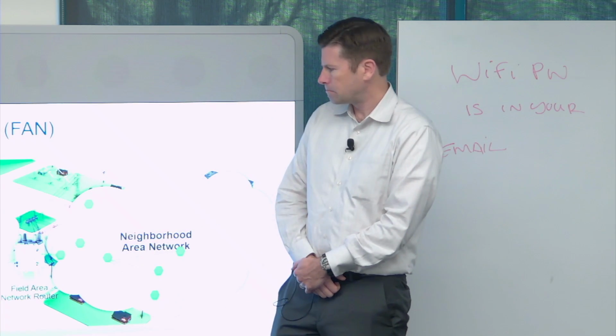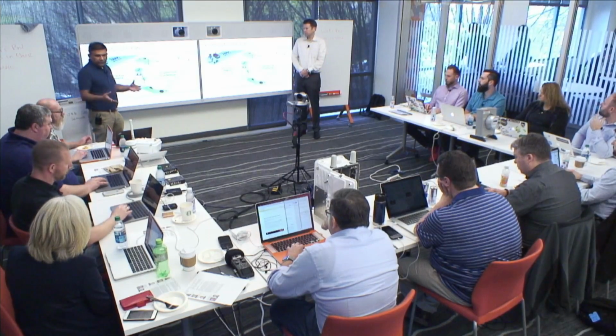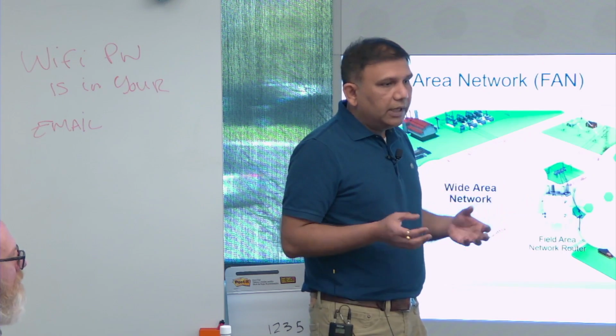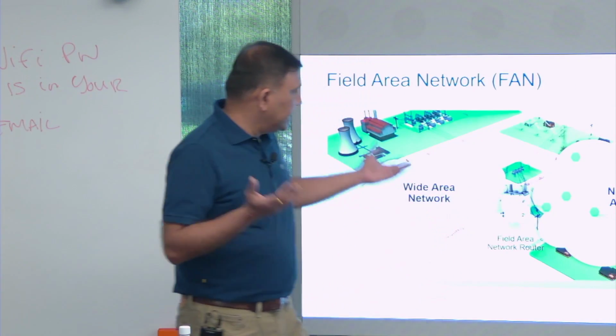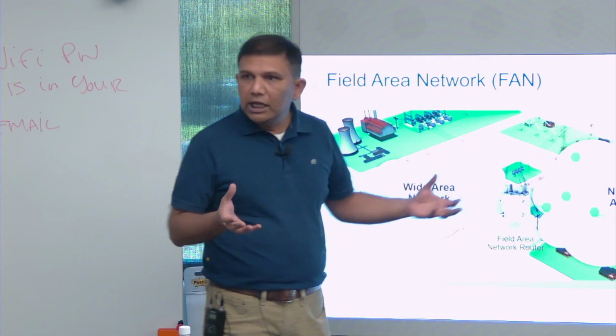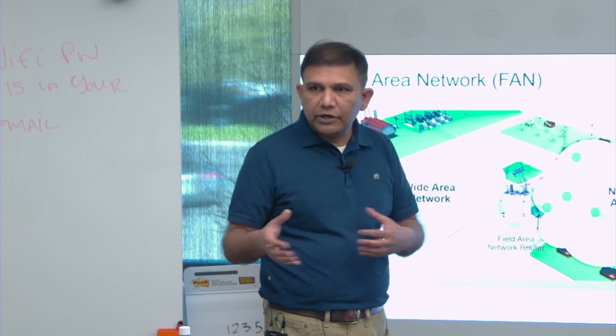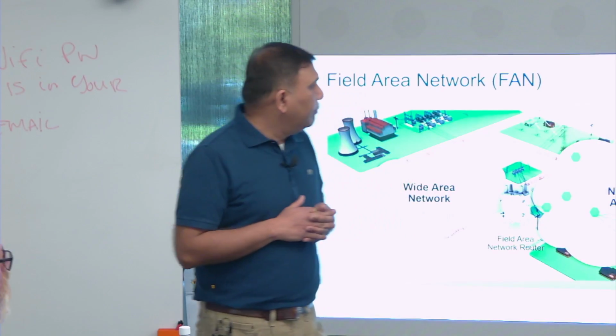Right. And talking about scale, some of the use cases like automated metering, the scale can be thousands of meters, up to, let's say, 5,000 meters for one CGR, which is acting as the gateway router, as a RPL border router. And we'll go into RPL a little bit.